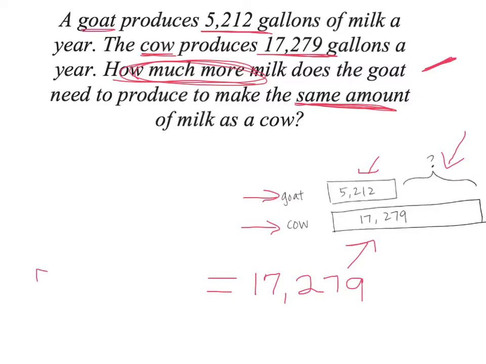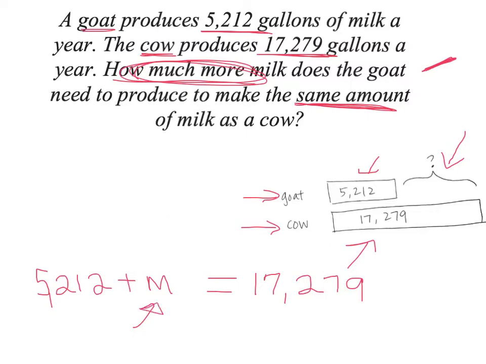And we know that the goat amount is 5,212, and we're going to add our unknown amount. That's how much more, so I'll just use M, the goat has to produce to make the same amount as the cow. So we have 5,212 plus M equals 17,279.